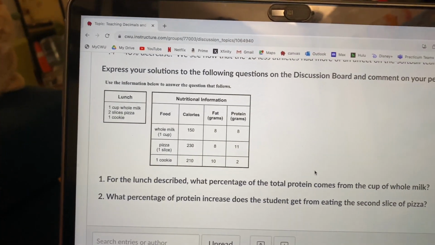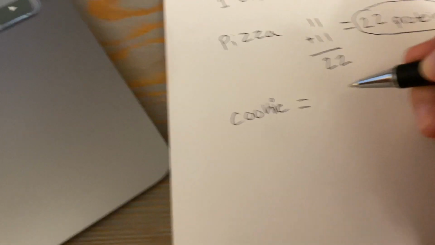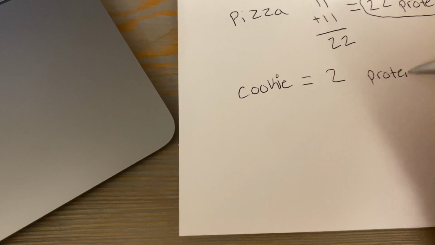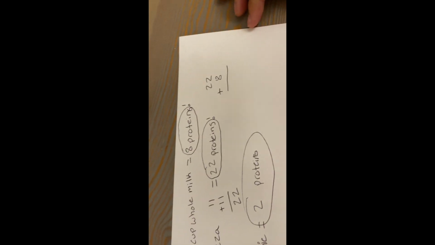And then finally, this person is also eating 1 cookie. How much protein is in 1 cookie? 2. Good job. So we know that the cookie equals 2 proteins. So let's do 22 plus 8. Does anybody know what 8 plus 2 is? 10.